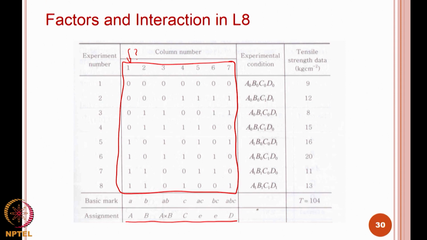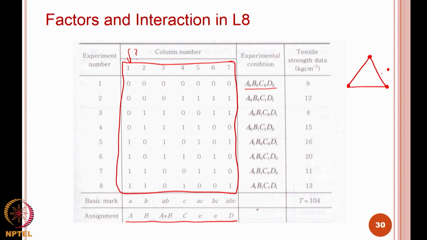Experiment number 1, this is the experimental condition. What does this mean? Let me just quickly tell you what a linear graph is. If you go to the back of any orthogonal array book, you will have these orthogonal arrays and there will be these linear graphs that are provided along with them.